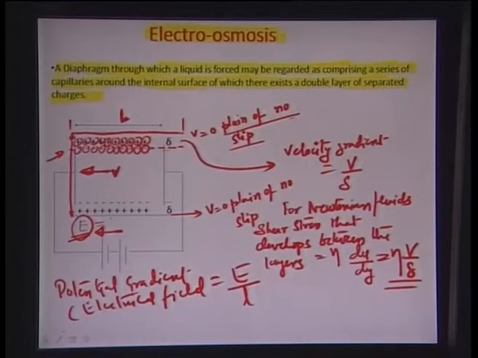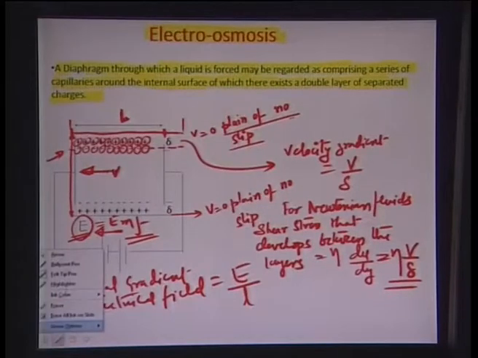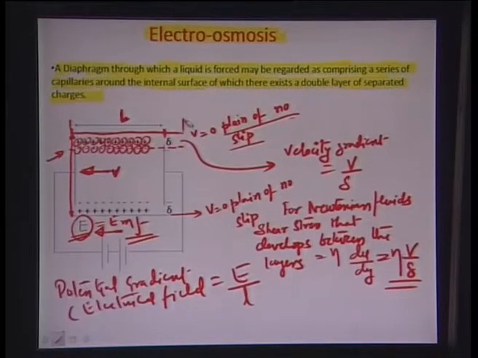You have to remember, this is not the electric field, but the EMF, the voltage that is applied between the 2 ends of the capillary. So, that is what the electric field really is, between these two ends.